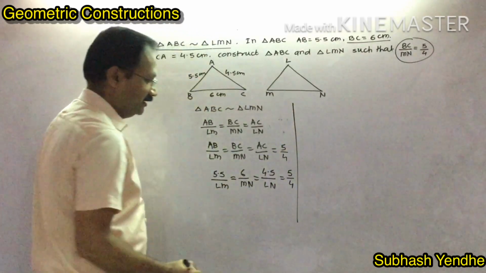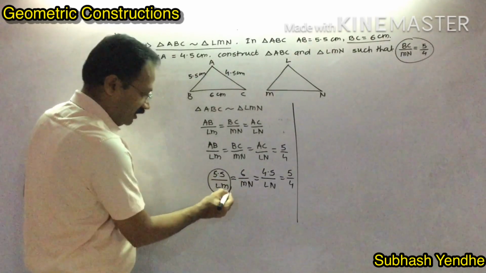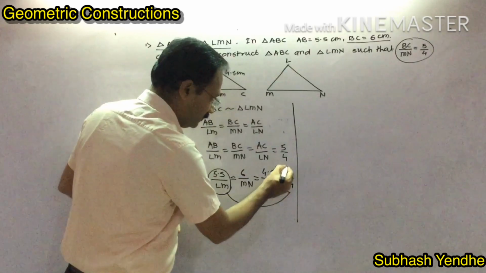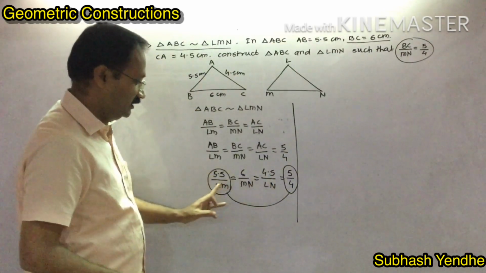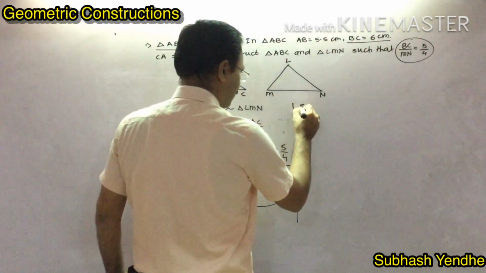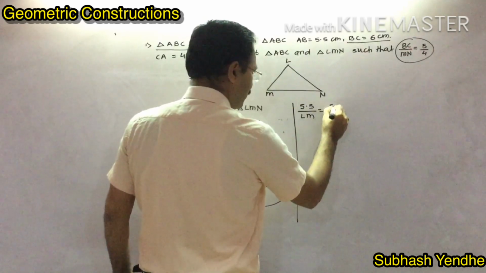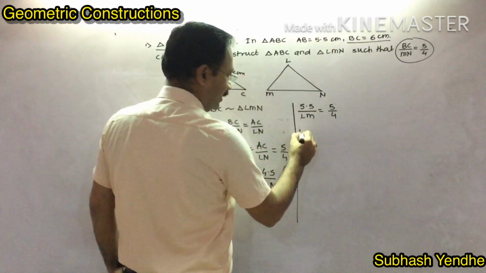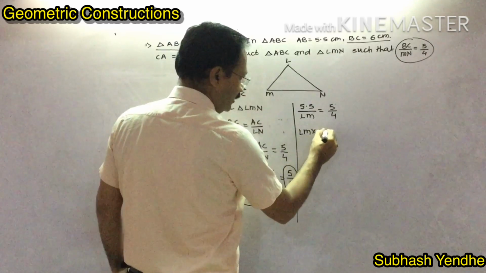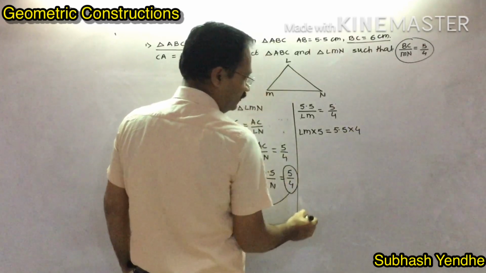Now you can take them one by one. I want to find LM first, so I am going to take this ratio with this ratio. Let's take 5.5 upon LM equals 5 upon 4. Now cross multiply: LM into 5 equals 5.5 multiplied by 4.